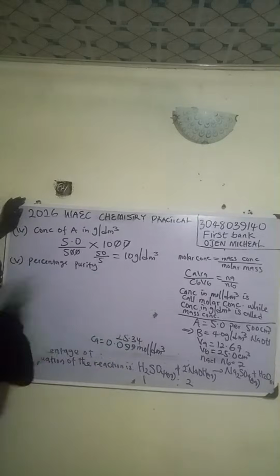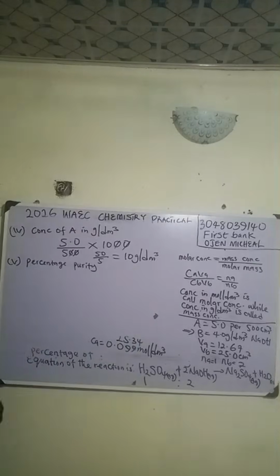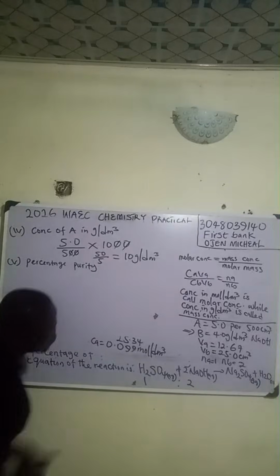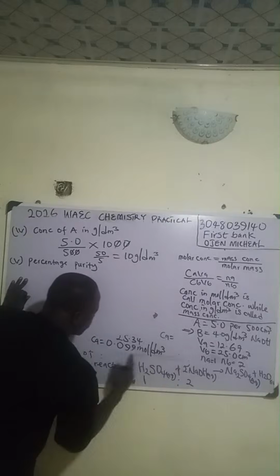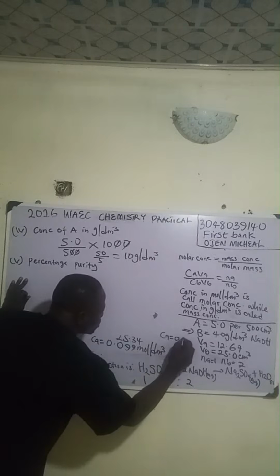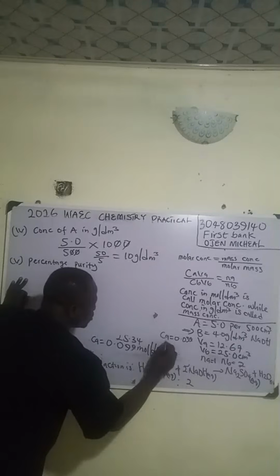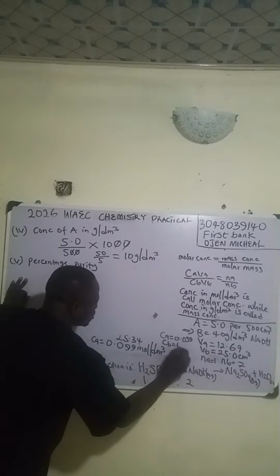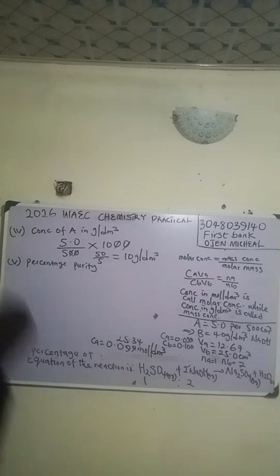We are going to look at percentage purity. In your question, we have percentage purity. So this one, Ca, is equal to 0.099. Cb is equal to 0.100. Just take note of that so that I can wipe.